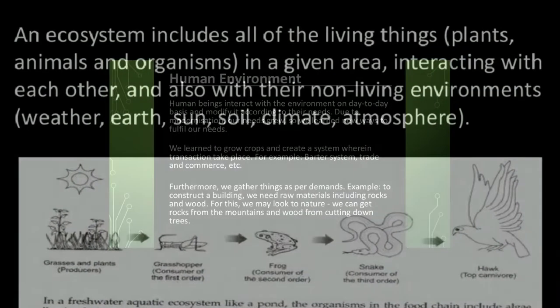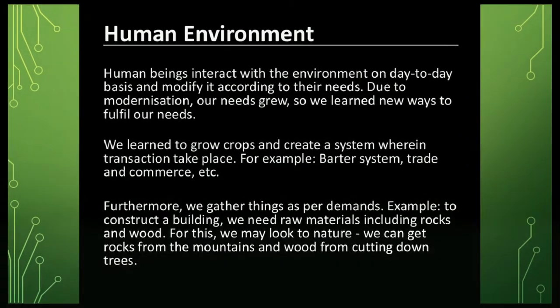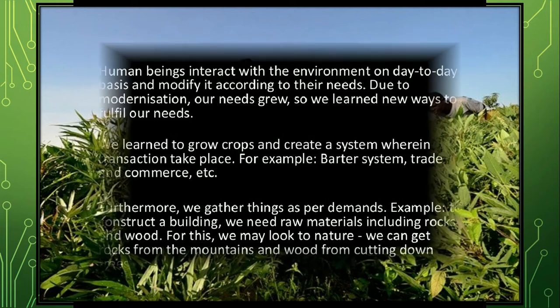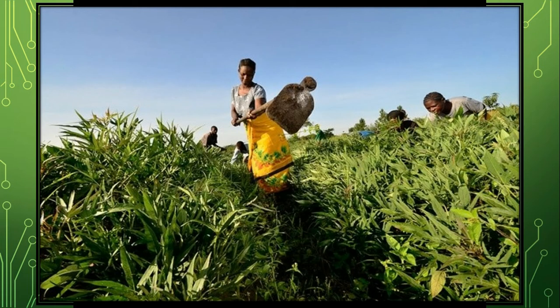The next important point is the human environment. Humans depend on the environment for various resources like air, water, soil, plants, animals, minerals, metals, and energy. Humans change their environment to satisfy their ever growing needs.